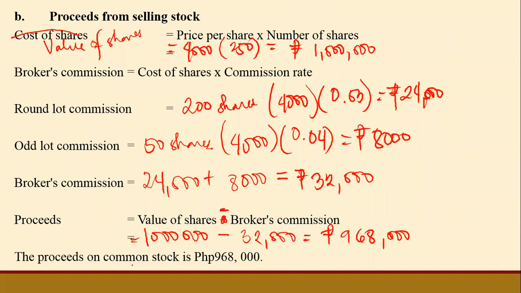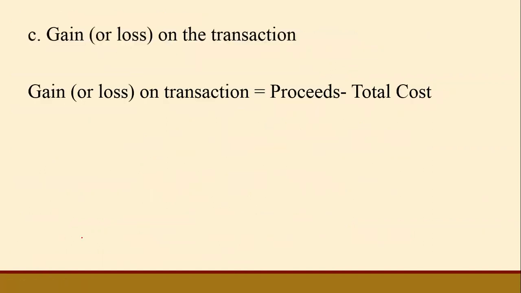And another one is the gain or loss. For letter C, the gain or loss on the transaction. This is the formula for getting the gain or loss on the transaction: the difference between the proceeds and the total cost.